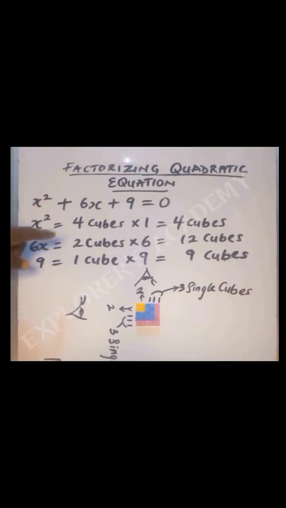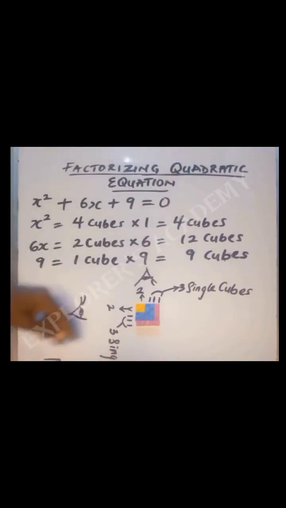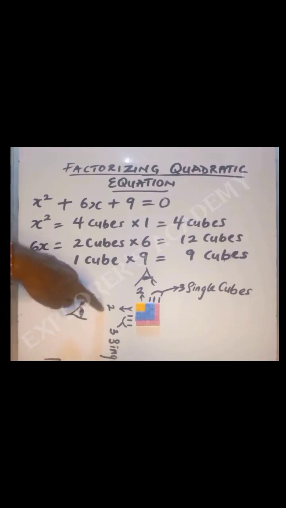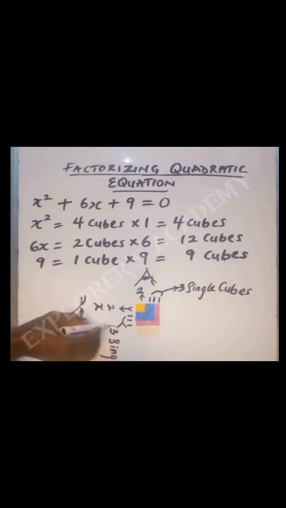We remember that 2 cubes represent the variable x. So if I can see 2 cubes from this angle and I see 2 cubes from this angle, what does it mean? It means that these 2 cubes still represent what they represent, which is x, whereas this represents the 3.